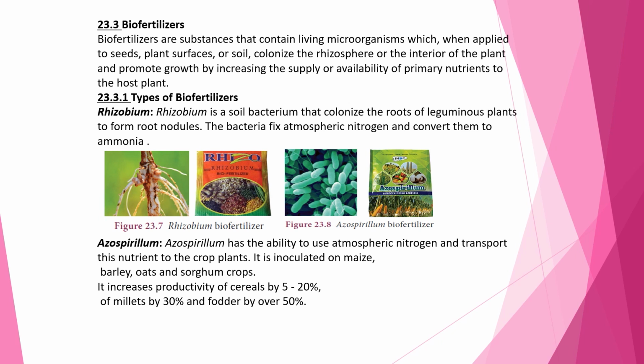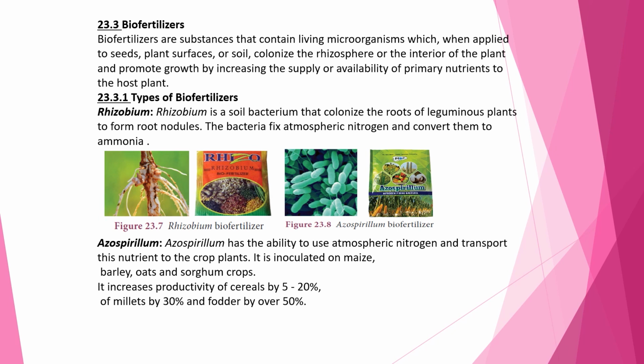Are you clear? First one is the specimen, second one is the fertilizer. I repeat, Azospirillum has the ability to use atmospheric nitrogen and transport this nutrient to the crop plant. It is inoculated on maize, barley, oats and sorghum crops.